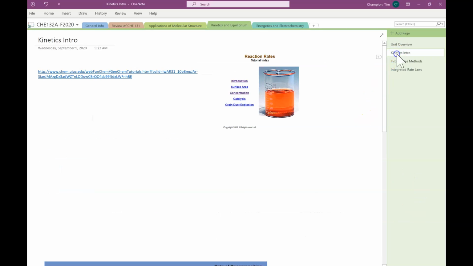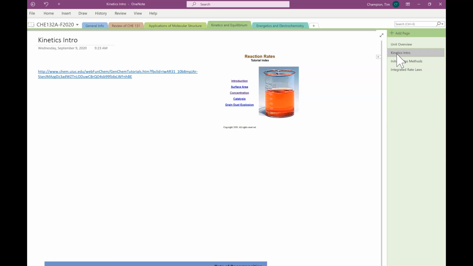So we're going to go over and look at the first tab here, the Kinetics Introduction, and I want to make a strong pitch for you to take a look at this website that is the University of Illinois at Urbana-Champaign, and it's an excellent piece of software that was produced by my friend Loretta Jones and other folks there.